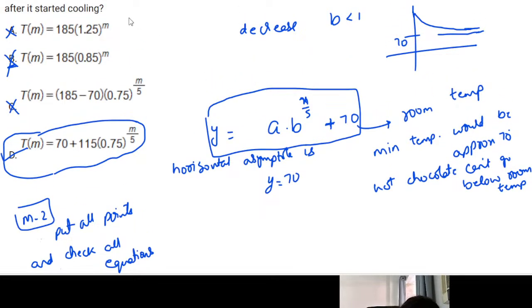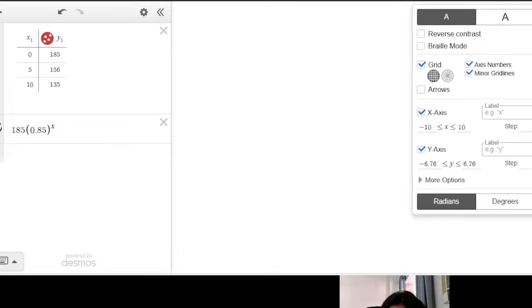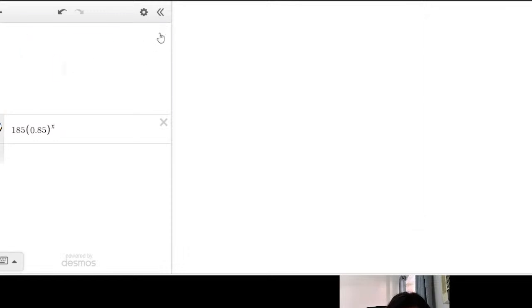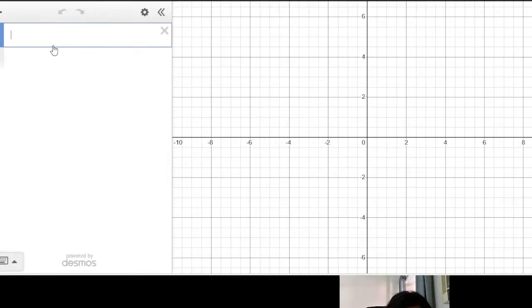First one we already cancelled. Second one is 185 times 0.85 to the power n. Oh my god, why is it not showing? Okay, there is something terribly wrong. I think my cat has something to do with it. Yeah, now it is there.